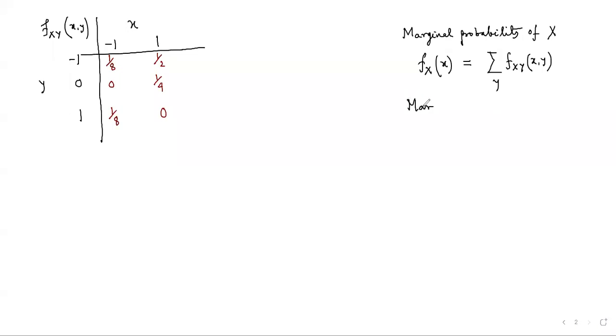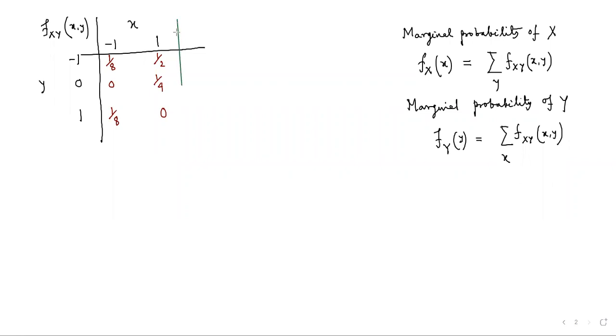And the marginal probability of random variable Y will be denoted by f of y, which is the sum total of all the joint probabilities taken over all possible values of X. So if you carefully observe the formula, you will find that your marginal probability f of x will be on this side, and your marginal probability f of y will be on the right side.